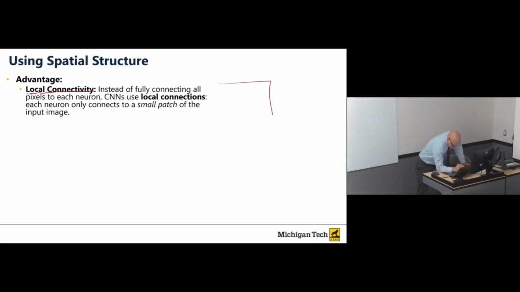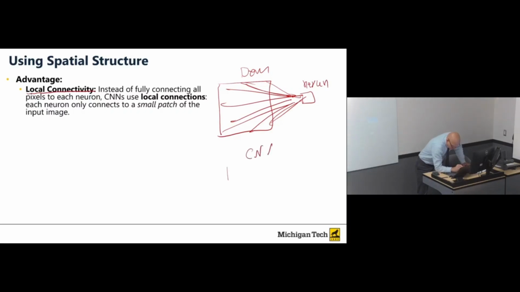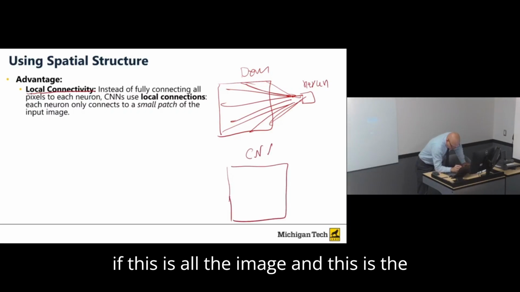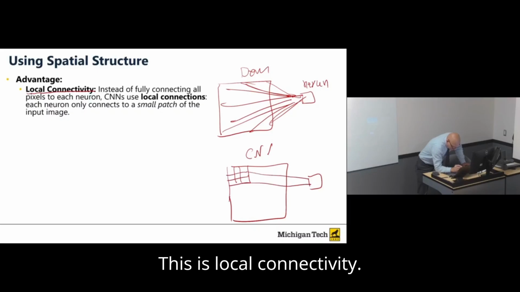In dense, the whole image connects to one neuron. In CNN, if this is the whole image and this is the neuron, you just consider this patch. This is local connectivity.